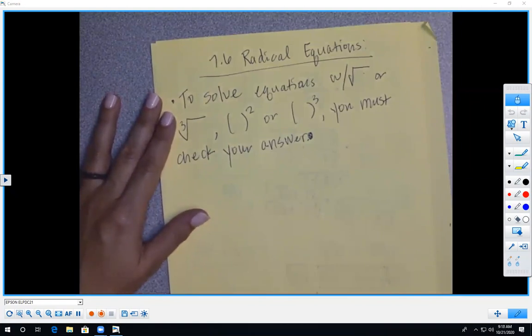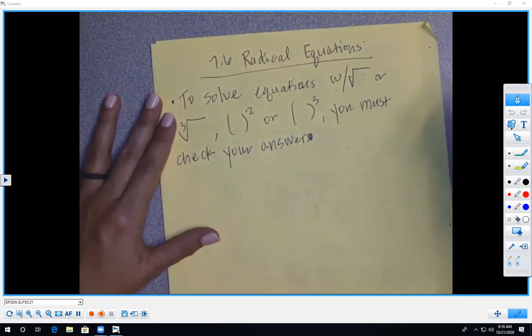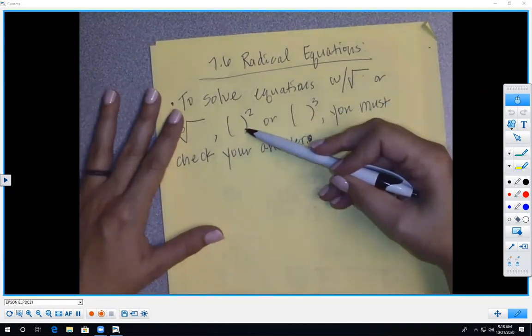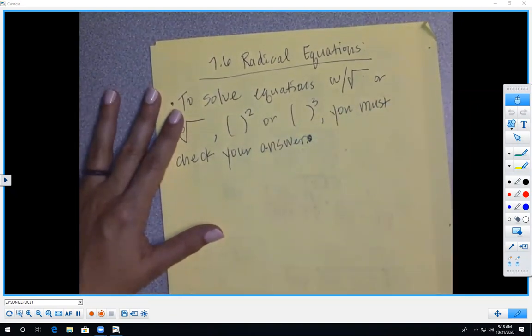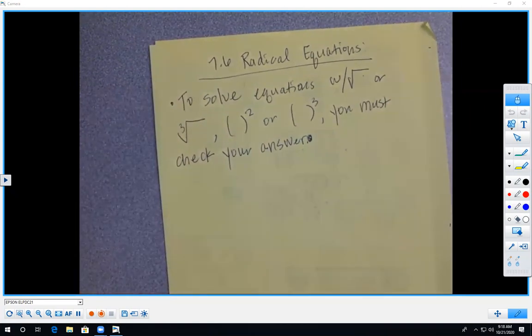The reason why we have extraneous solutions on these problems is when we square a negative, it turns it into a positive, and then it seems like the problem could actually work out, but it wouldn't actually work out with that negative. So that's essentially the reason why you do it.